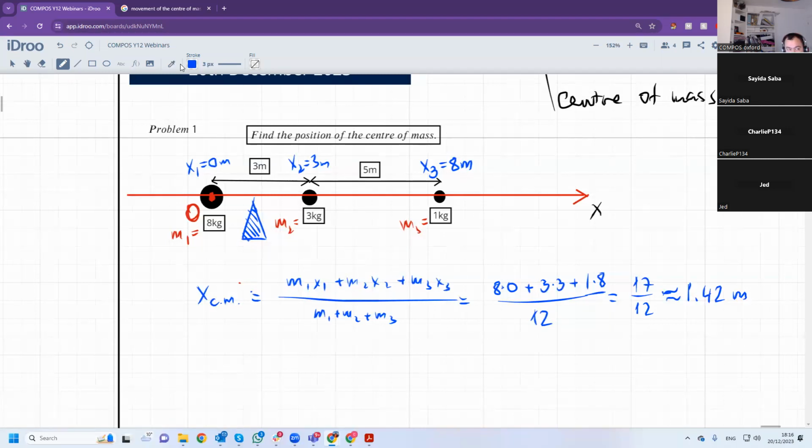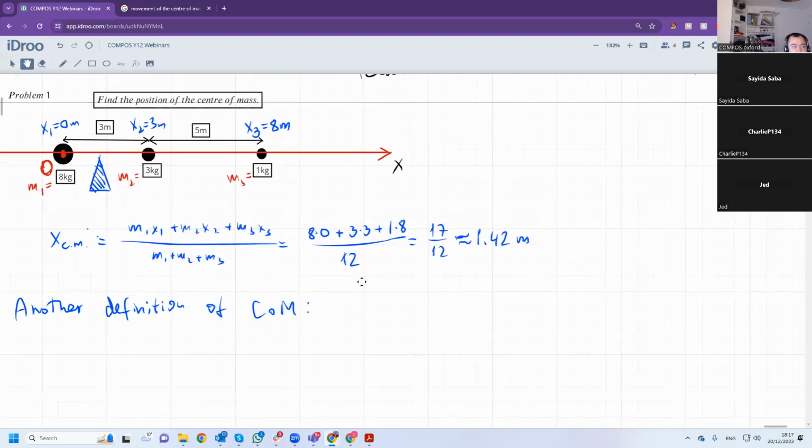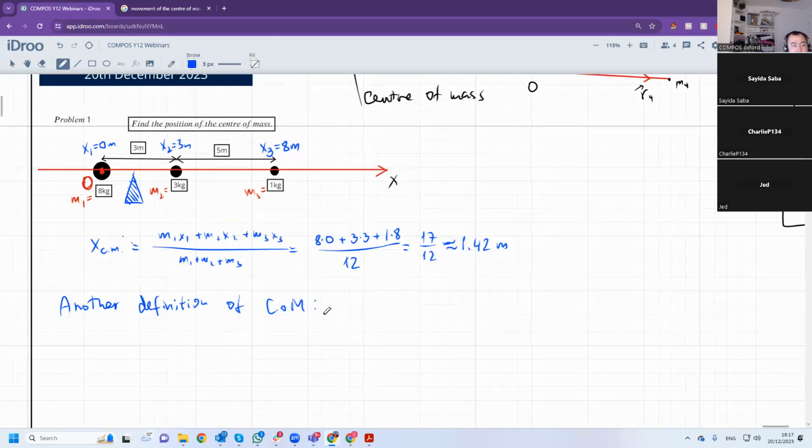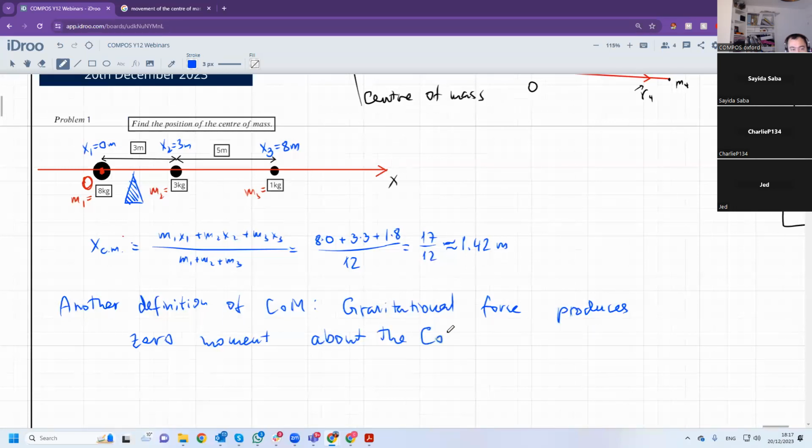Anyways, another definition of the center of mass is that the gravitational force produces zero moment about the center of mass.